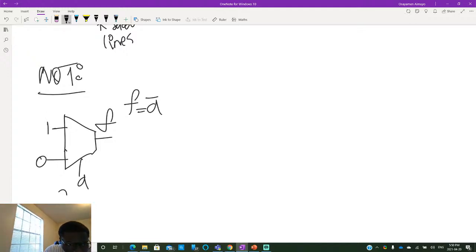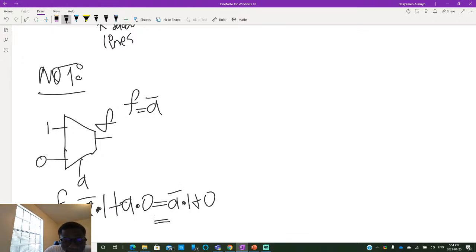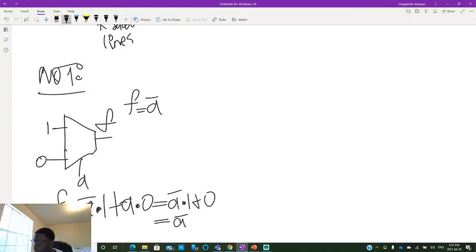From the equation of a mux, we have A bar times 1 plus A times 0, right? Anything times 0 is basically 0, right? So we have just A bar times 1, and that's just A bar. So this configuration gives us the NOT for a 2 by 1 mux.